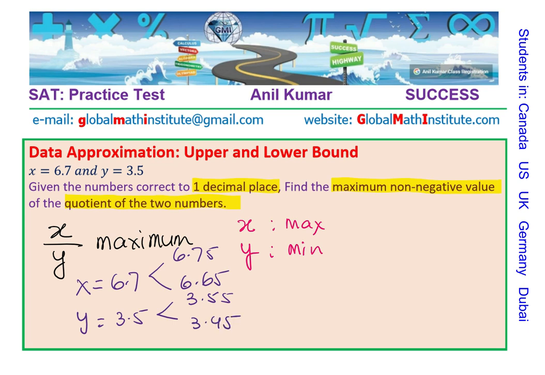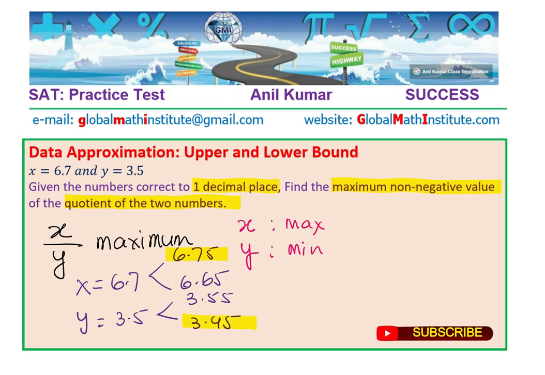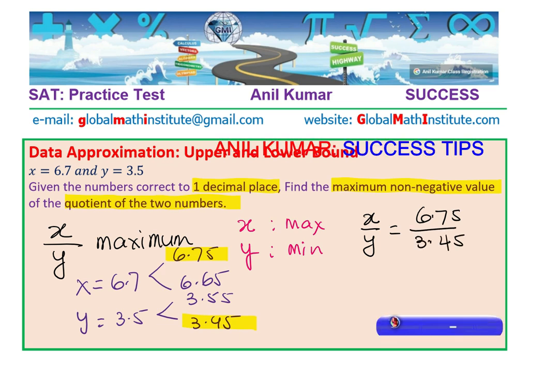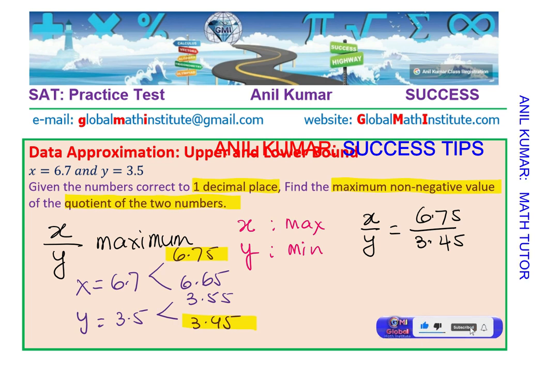So to get the maximum answer, we take the maximum of the x value and the minimum of the y value, correct? And so we get x over y equal to 6.75 over 3.45. Is that clear to you? So that becomes the maximum value in this particular case, correct?